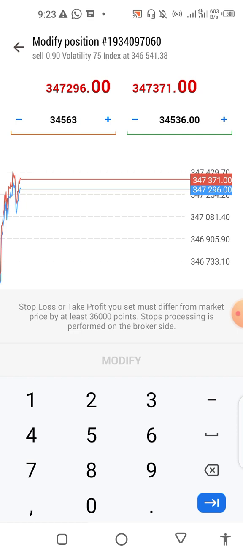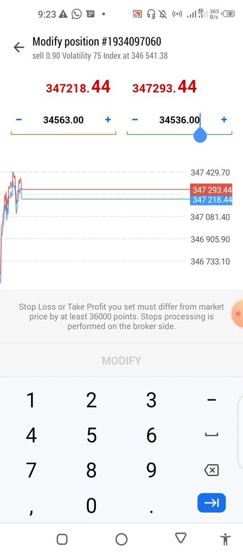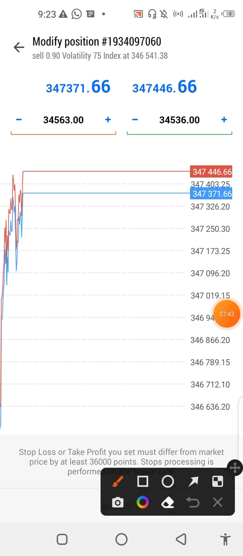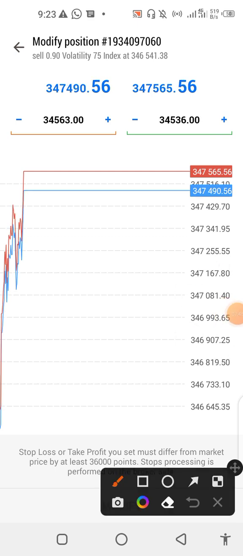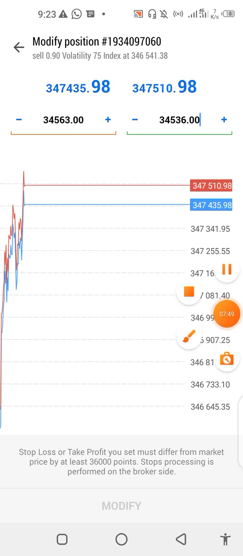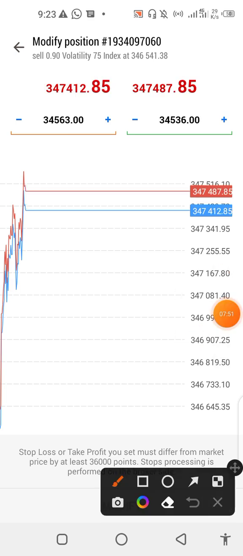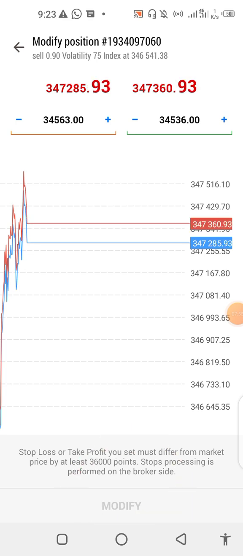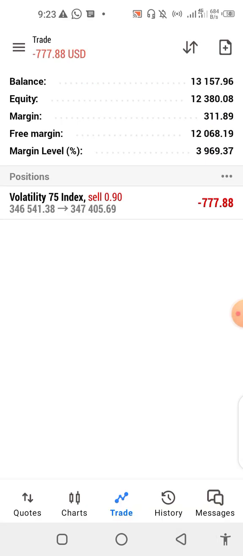And then I hope you are seeing it, right? So right after you are done setting your stop loss, you click on modify, right? You just click on this and it will be modified, right? So as you can see, I'm in a massive loss, but I'm only using this to teach you, right? So forget about it. And it's a demo account.